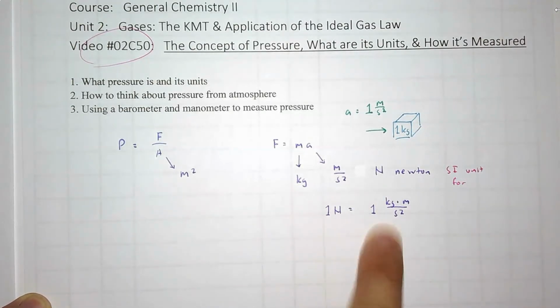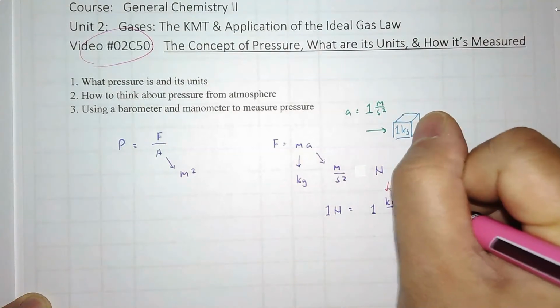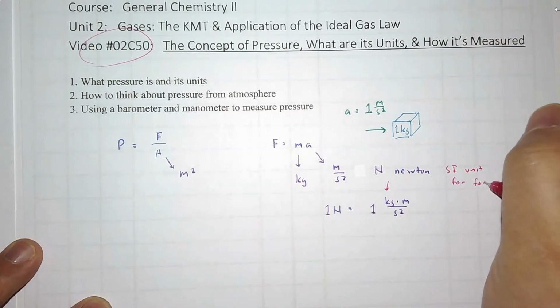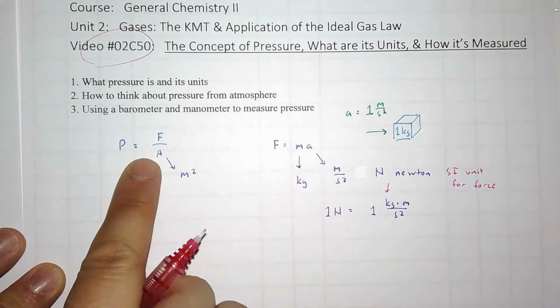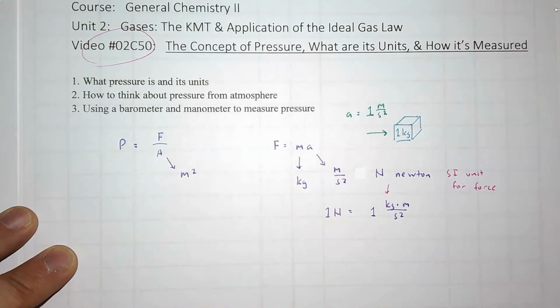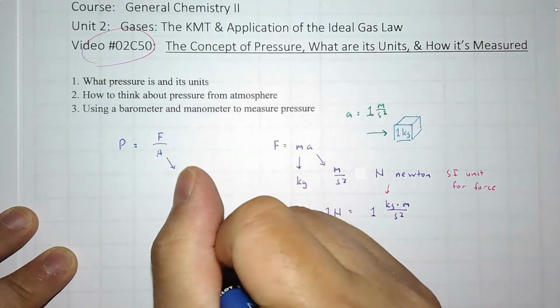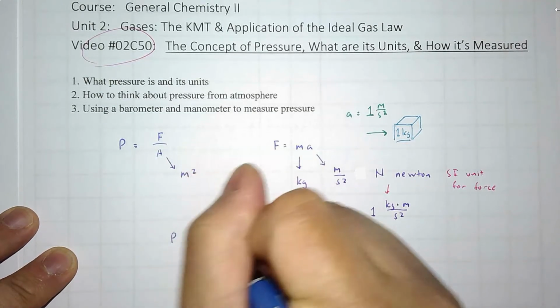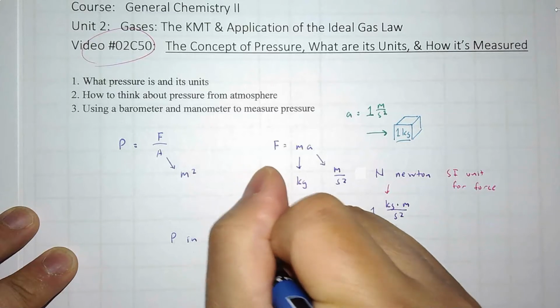The Newton's actually this down here, for force. So let's put that into this equation here. So pressure has the units of newtons per meter squared.